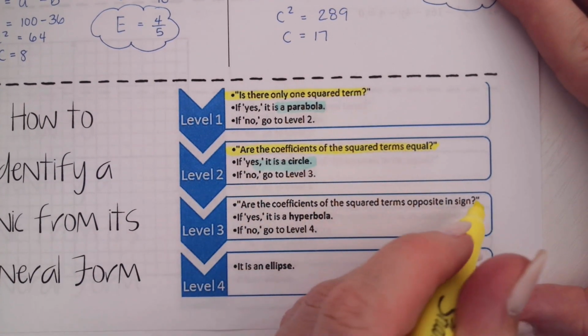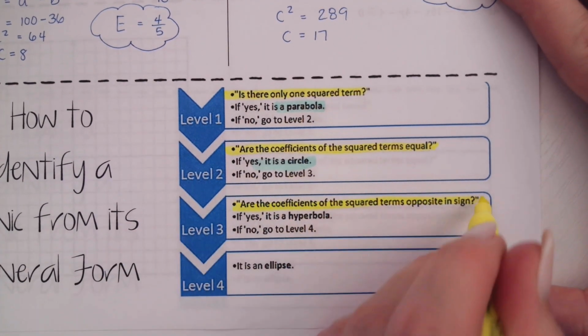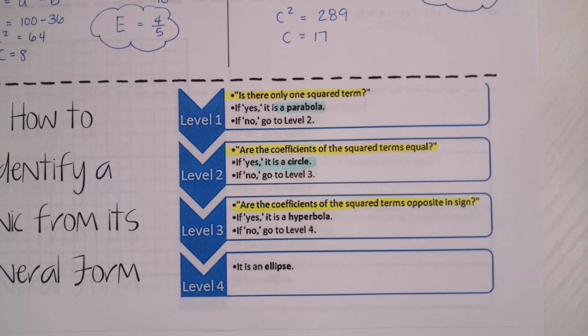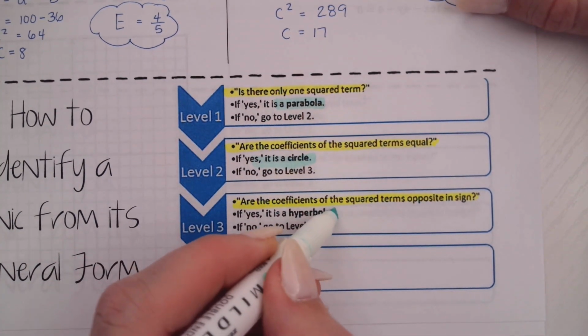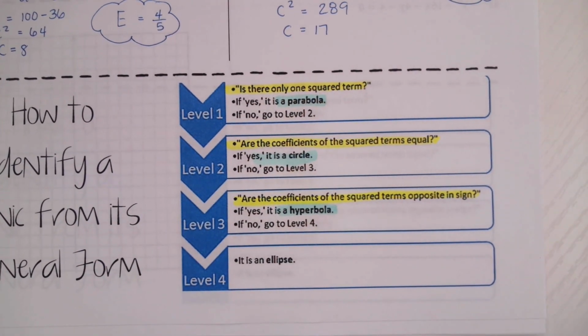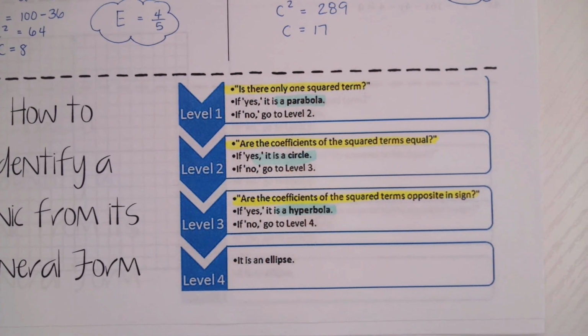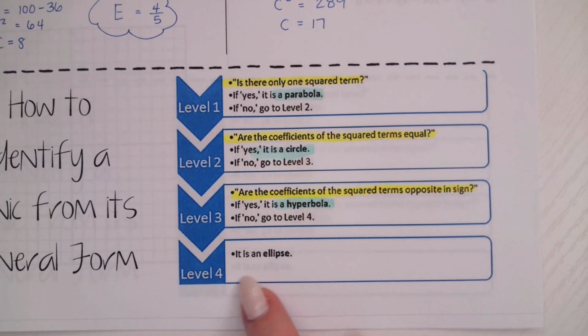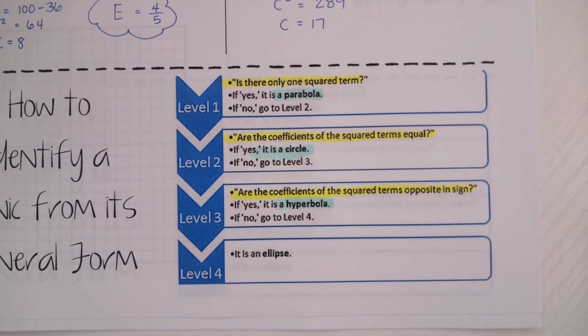Do the coefficients of the two squared terms have opposite signs? Or is one positive and one negative? If one's positive and one's negative, it is a hyperbola, which has two squared terms where one of them is positive and one of them is negative. And then lastly, if you have two squared terms that have different positive coefficients, it's an ellipse.